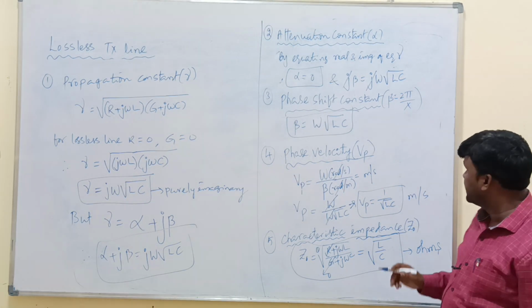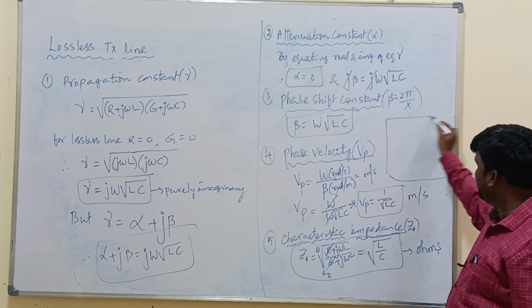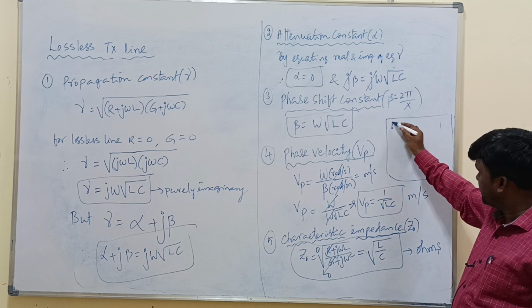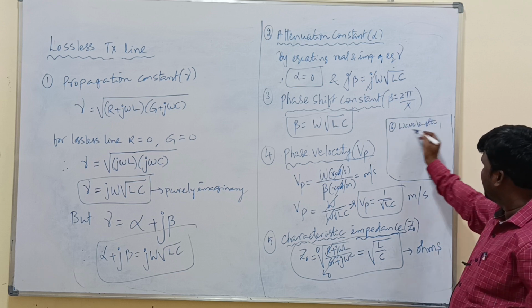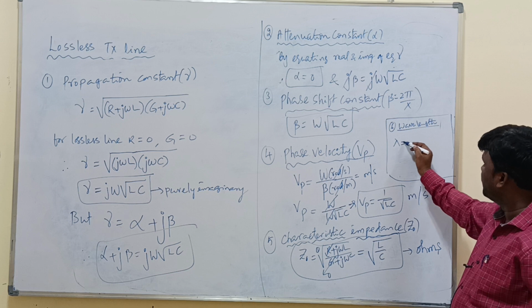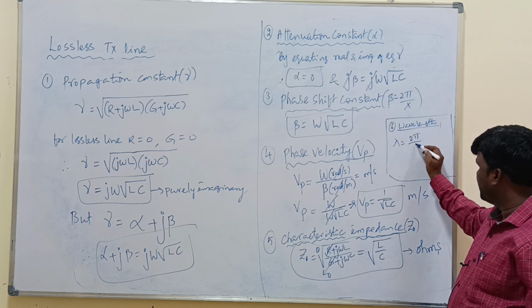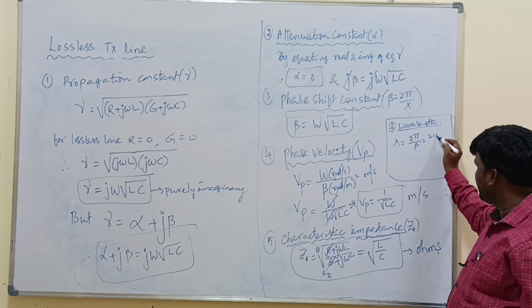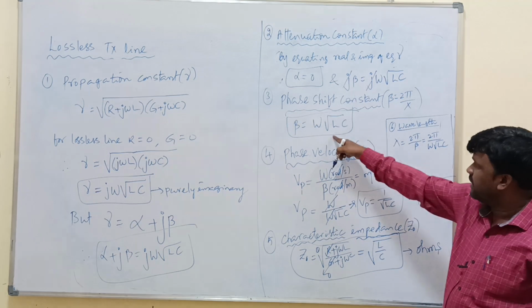Next, we will see another parameter, the sixth one, wavelength. Beta is 2 pi by lambda, so lambda can be written as 2 pi by beta. Beta is omega root LC.